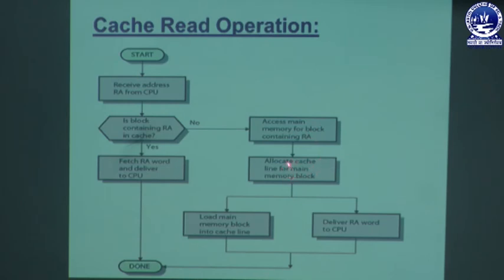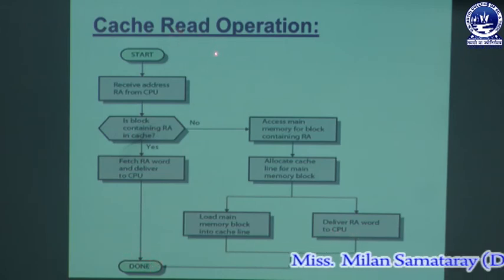After fetching the block of data attached with this address, if it is not present, it will be allocated to a cache line by using the mapping function, which allocates the cache line for the main memory block. Then it will load either into the cache line or directly deliver it to the CPU. Then the job is done. That means the read operation is completed.